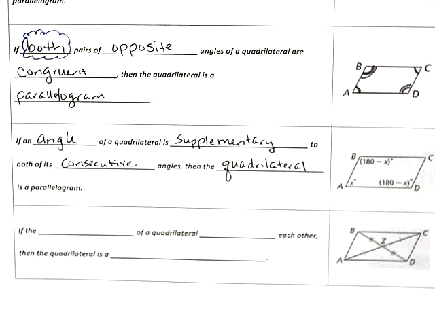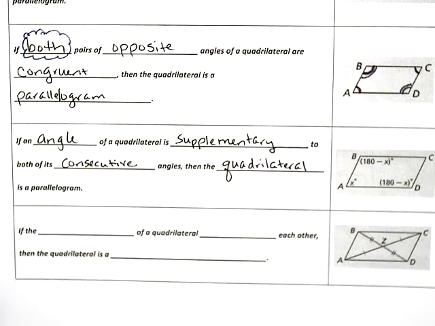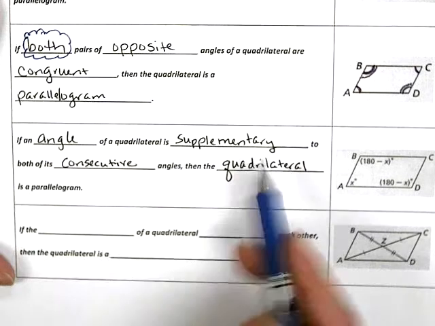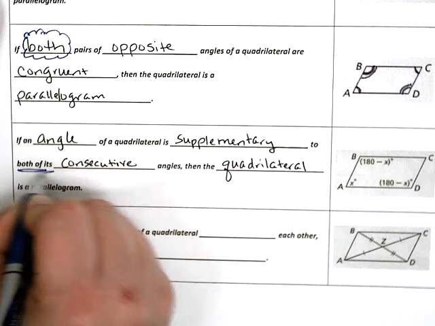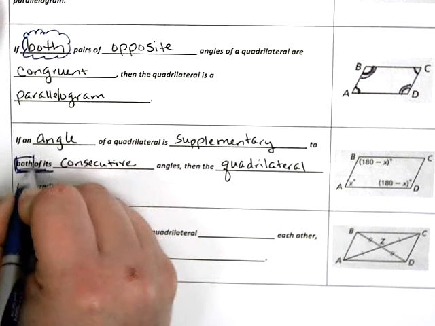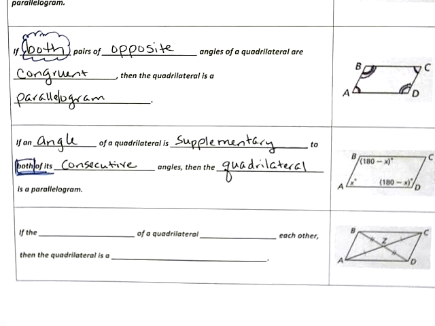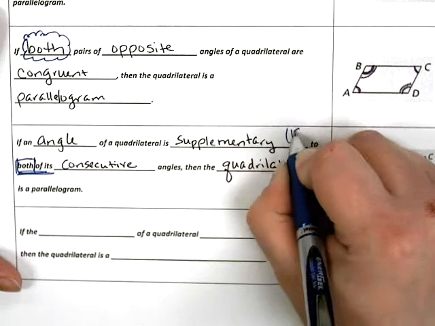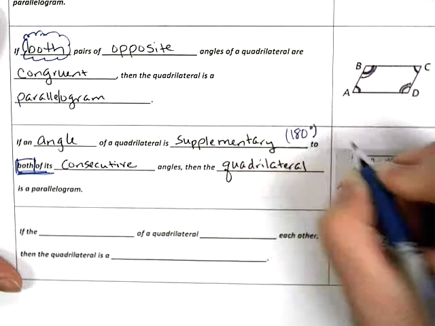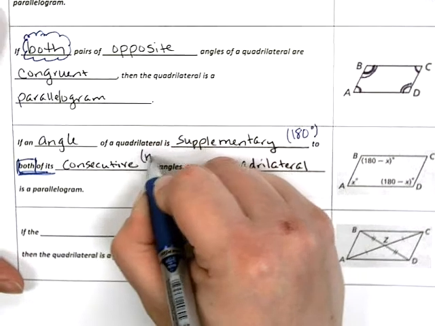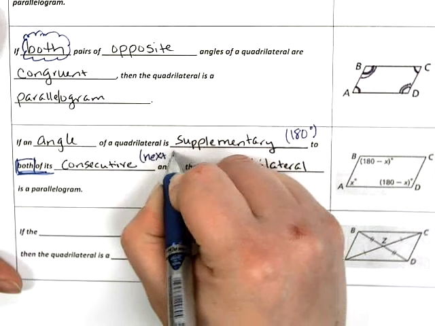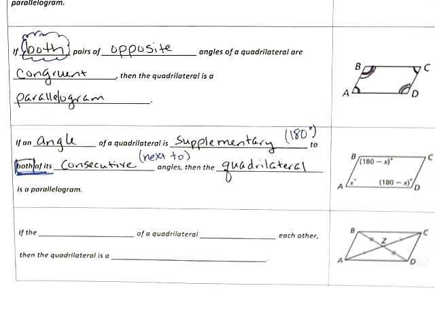Okay, so just because it's supplementary to maybe one consecutive angle doesn't mean that it's a parallelogram. An angle has to be supplementary to both of its consecutive angles. And remember, supplementary means that they add to 180 degrees, and consecutive means that they are next to each other. Opposite means across, whereas consecutive means next to.